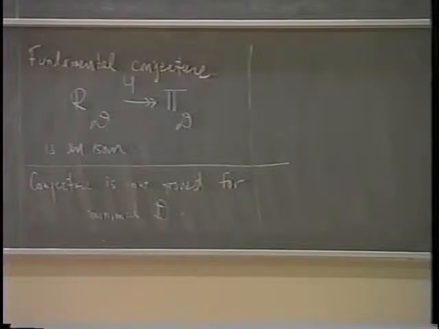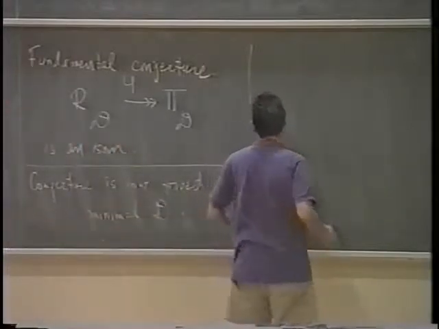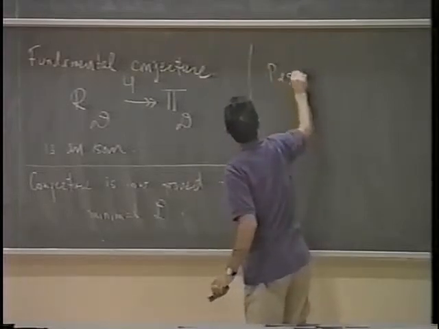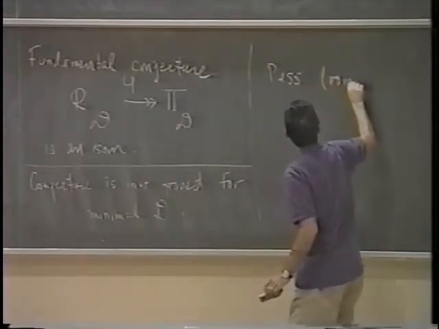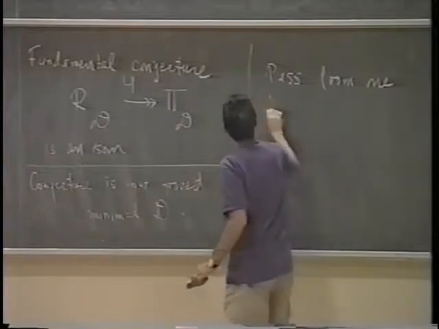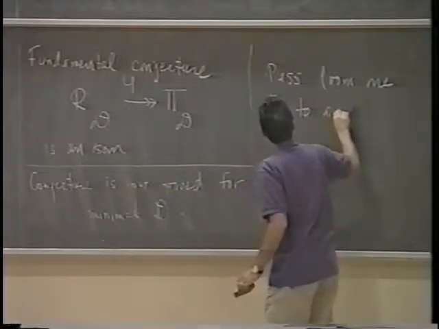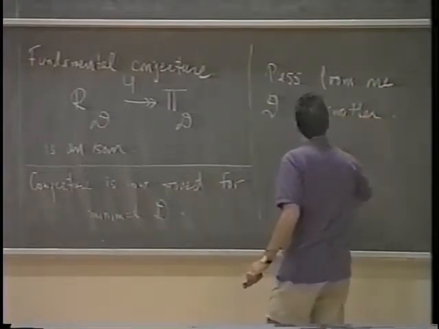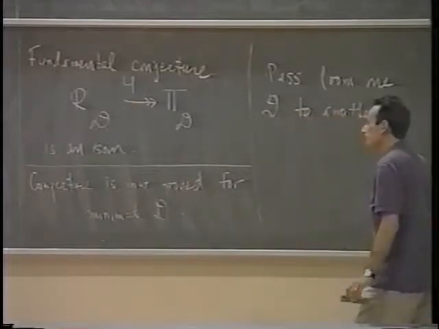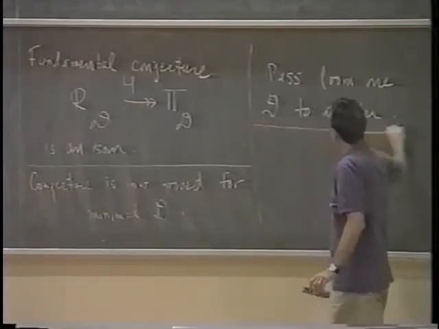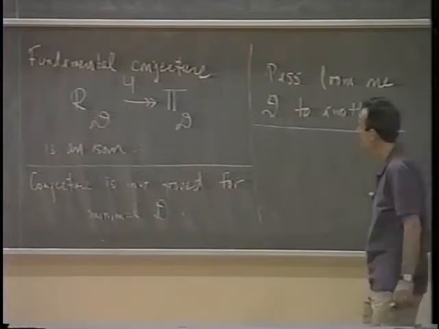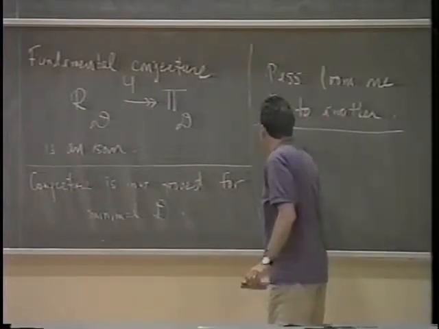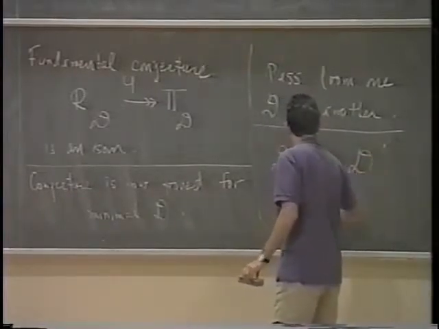And the problem is to pass from one D to another. So what is the situation? We can have some sort of notation for this. We could have two deformation problems D and D prime.